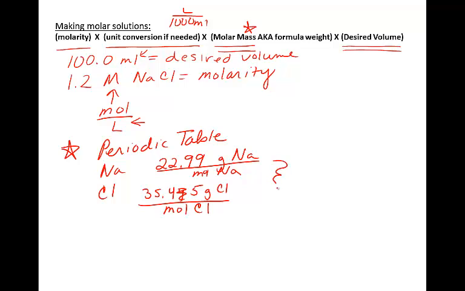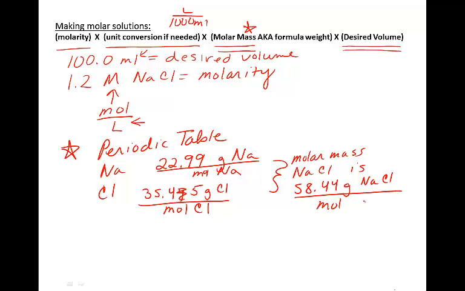And therefore, the molar mass of sodium chloride is, you just add these two together, which would be 58.44 grams of sodium chloride per mole of sodium chloride.